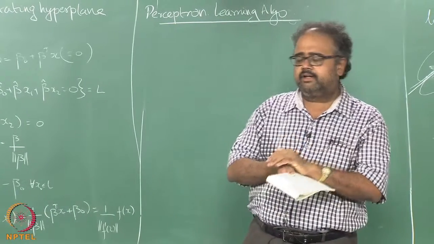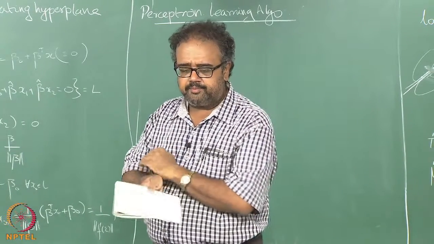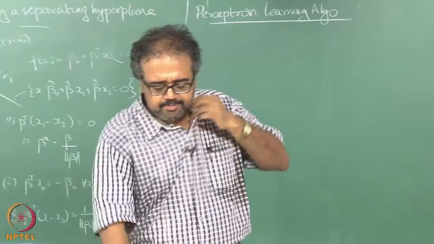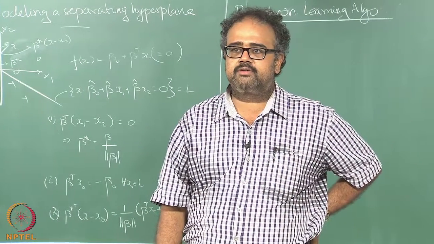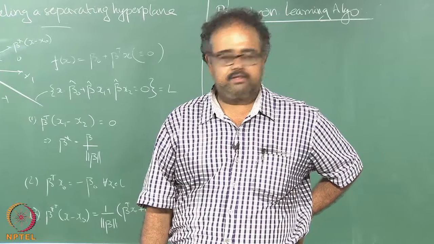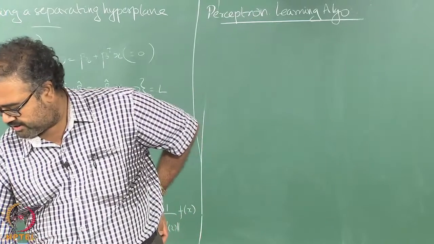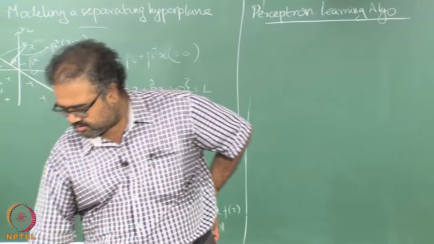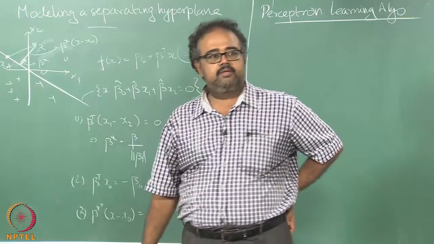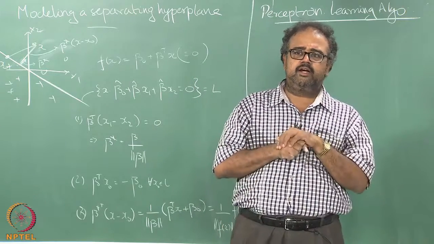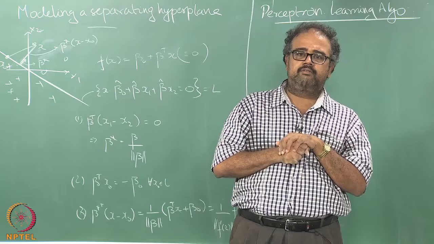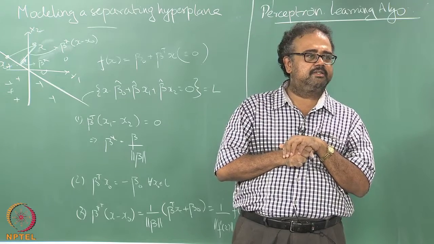So, it has got a hoary tradition, right. People are familiar with, have heard the term neural networks, artificial neural networks? So, you know that we are going through the third boom of artificial neural networks.